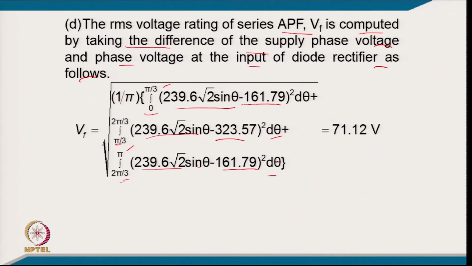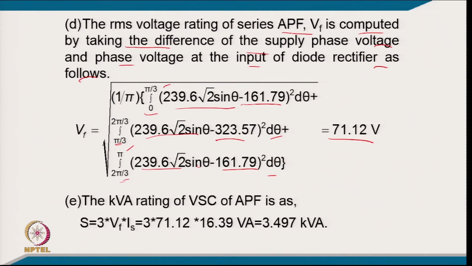So, after keeping all the values and solving it, it comes to 71.12 volt.